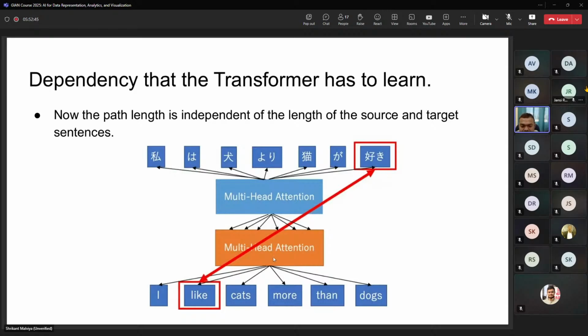These multi-head attentions are implemented in such a way that they can be applied in parallel, and it saves a lot of time. So in place of processing each and every input one by one, it applies this attention together, gets the representation of the input, and also uses it for the generation in the same way.